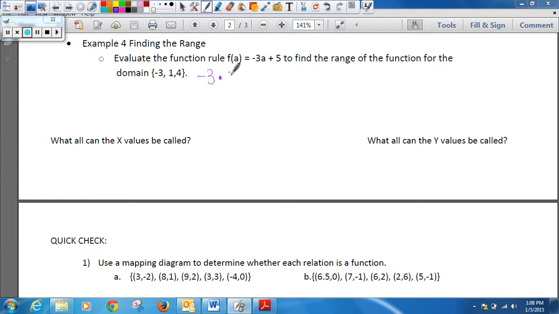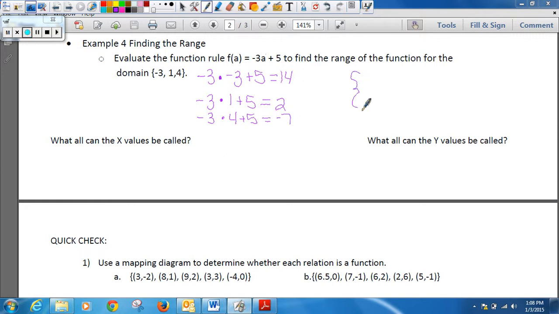Negative 3 times, our first A is negative 3 plus 5, which gives us 14. The second one we're going to plug in is 1. So we get negative 3 times 1 plus 5, which gives us 2. And lastly, we're going to do negative 3 times 4 plus 5, which gives us negative 7.